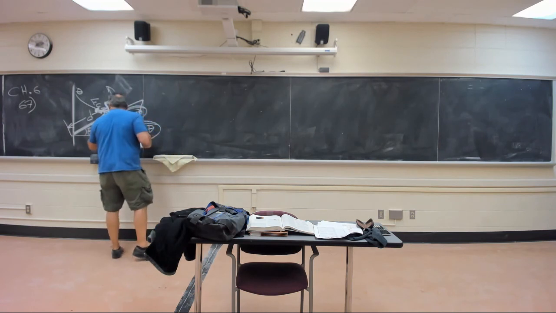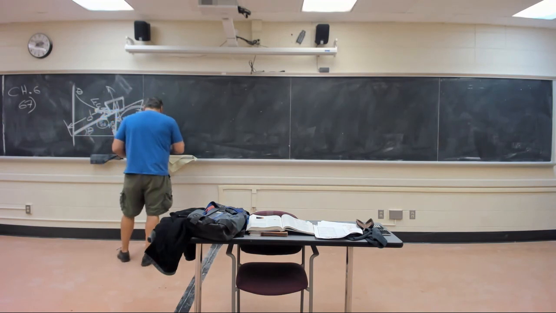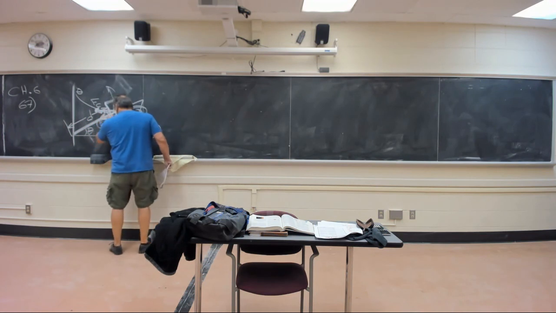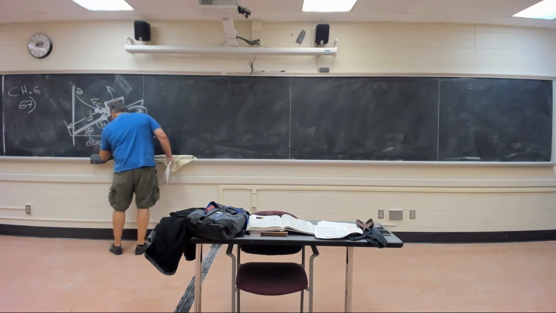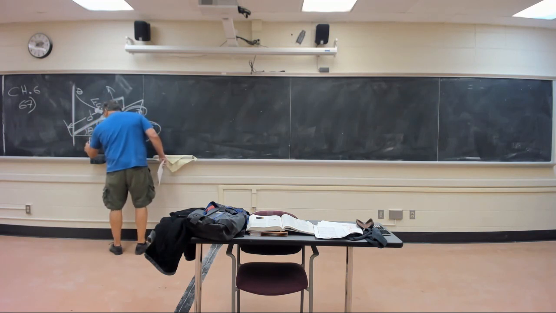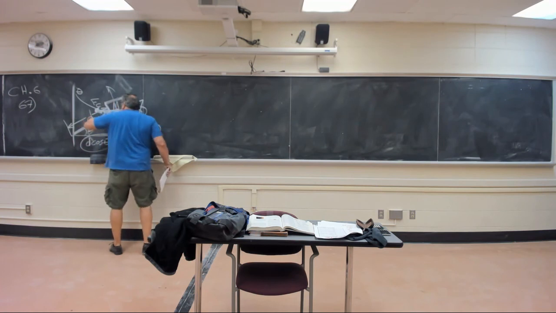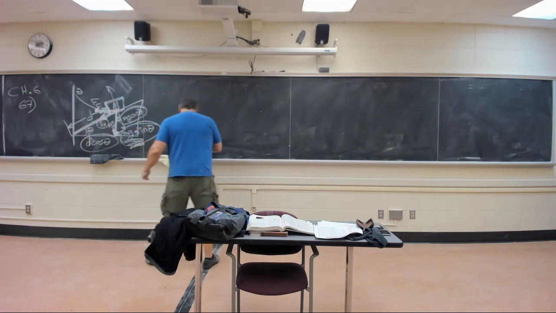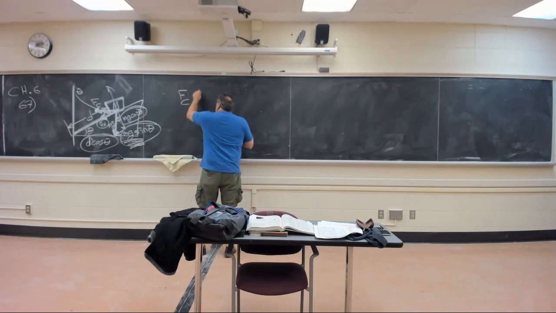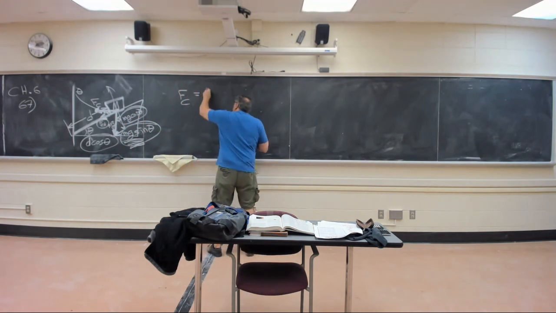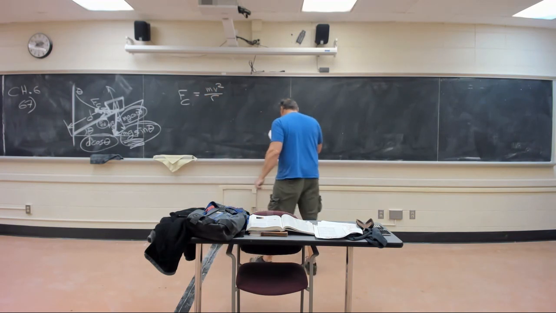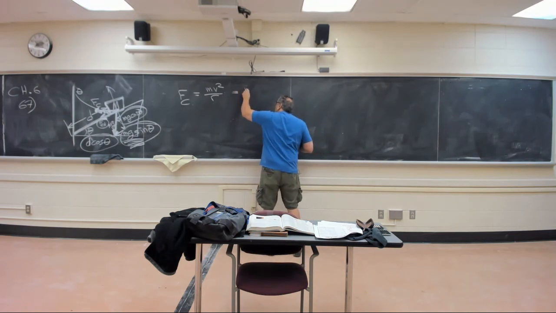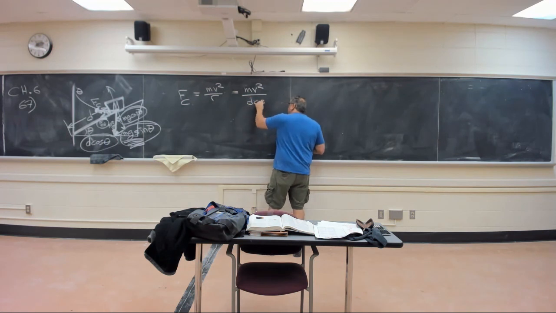This is F sub Cx, this is F sub C. If this distance is d, this distance is d cosine theta. This is the length of the arm as you're swinging this around. F sub C is mv squared over r, mv squared over d cosine theta.